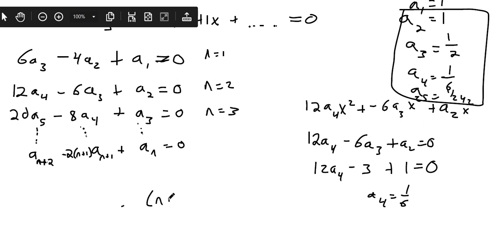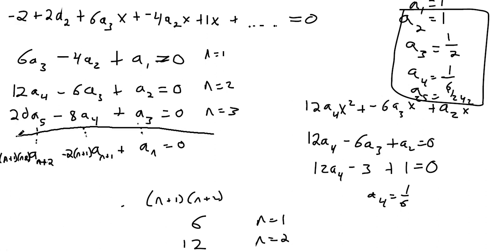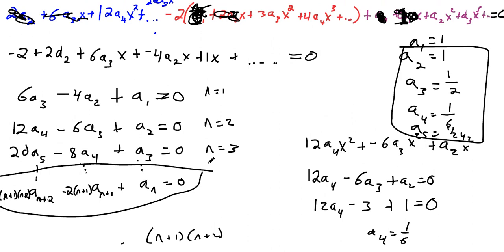If we have n plus 1 times n plus 2, then when n equals 1, that'd be 2 times 3, which makes 6, just like we wanted. When n equals 2, it'd be 3 times 4, which makes 12. Okay, so I think that's it. We have to have n plus 1 and n plus 2 as a coefficient in front of this term. Okay, so that's an equation that relates a sub n plus 1 and a sub n plus 2.